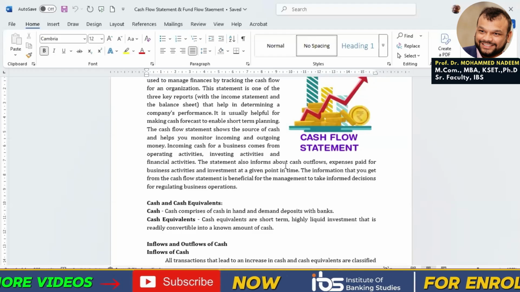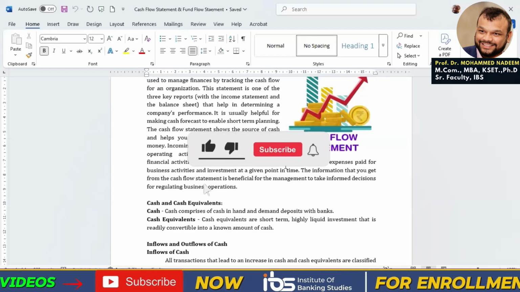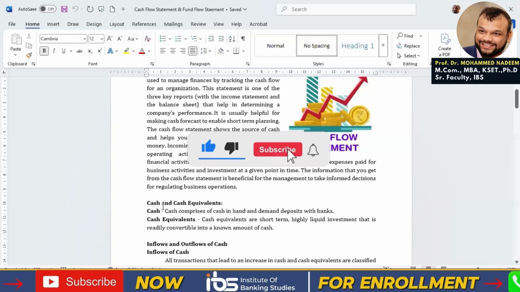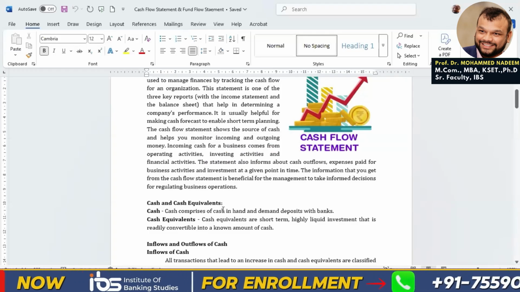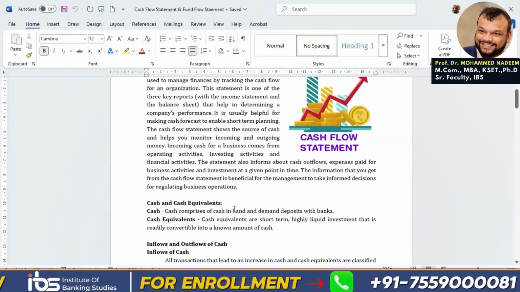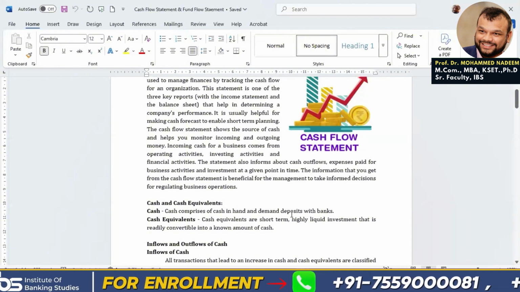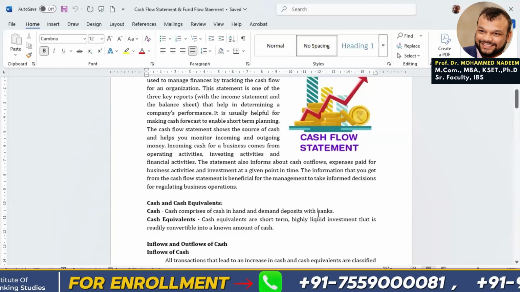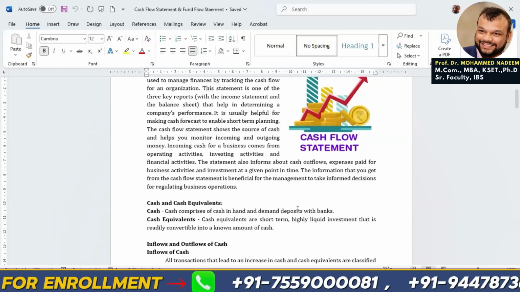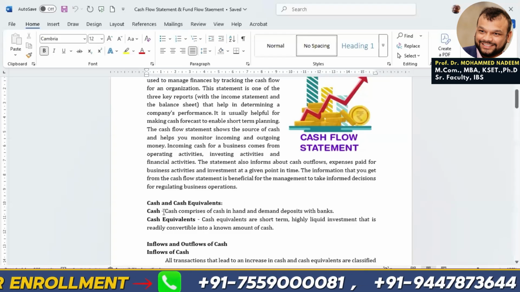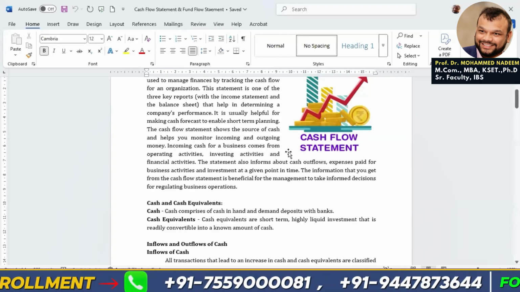Cash inflow and cash outflow. So first we'll see what you mean by cash. According to this statement, cash is nothing but cash in hand, what you have got in the hand, and demand deposits with the bankers, like current deposits a company keeps with a banker. That too is called cash according to this statement.